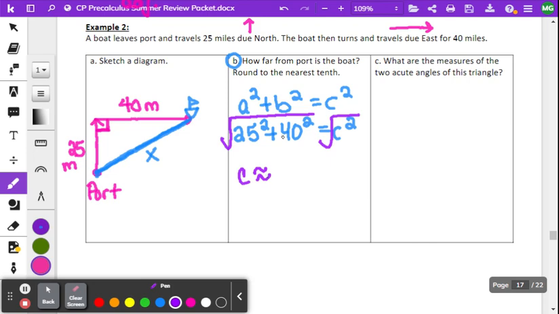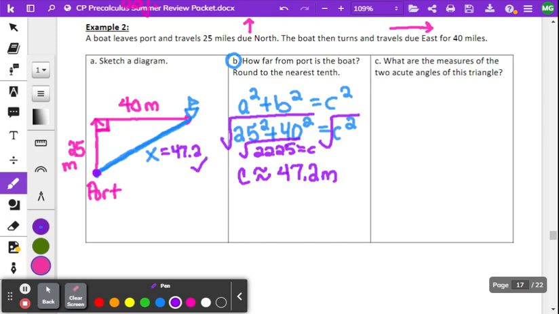So if you didn't want to do that, you could have simplified this to be 2,225. Okay, and then take the square root of that. Either way, you're going to find that it's 47.2 miles from port. Okay, so 47.2. And that makes sense because it should be the longest side of the triangle, and it is.